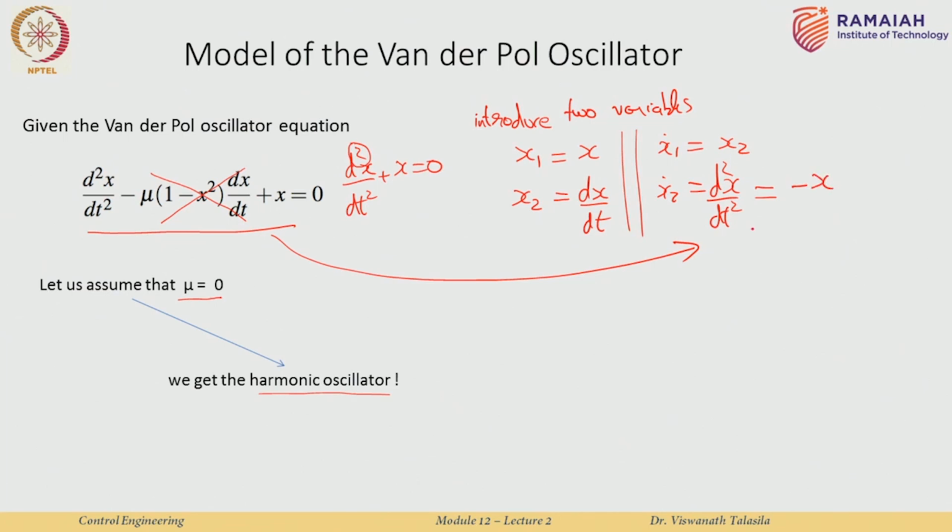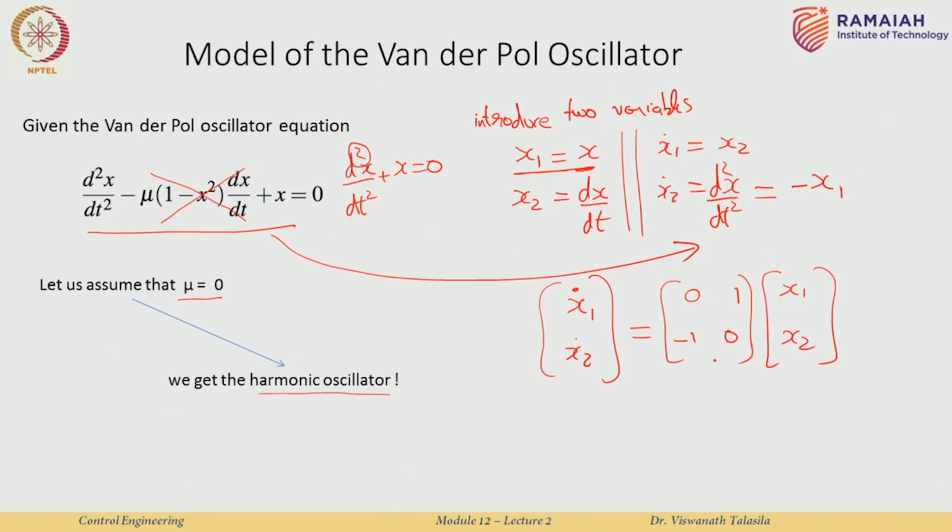And what is x? We use this expression over here, and x is nothing but x1. So, if I put this in state space form, we get dx1 by dt, dx2 by dt on the left, the states on the right hand side, and the interconnection matrix will be nothing but 0, 1, minus 1 and 0.